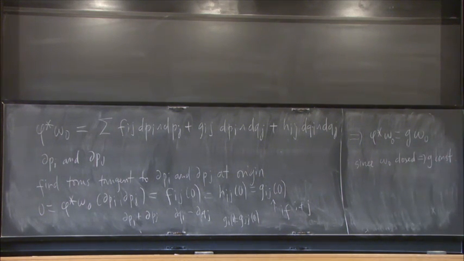It's just an area form. So that's where you need that n is greater than 1. That's not a big problem, though, because if n is 1, we're not really talking about symplectic geometry. It's just area preserving, and all these theorems I stated earlier are actually quite easy to prove if you're just looking at surfaces. So the real issue is if n is greater than 1, and then this works.